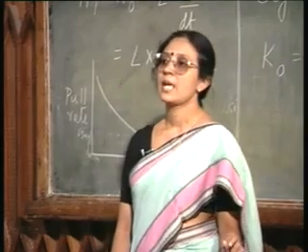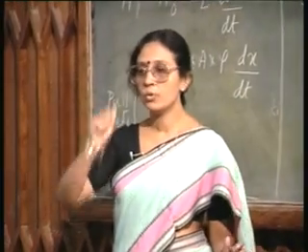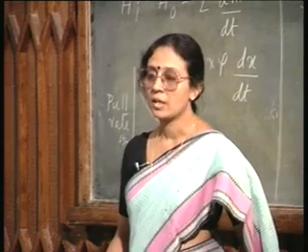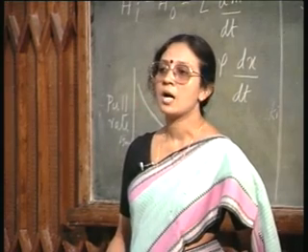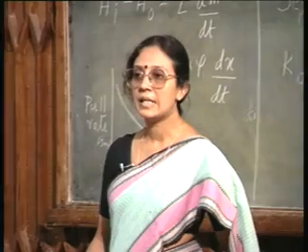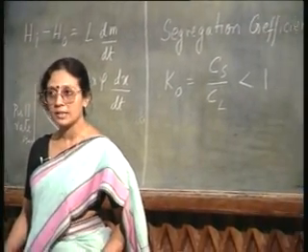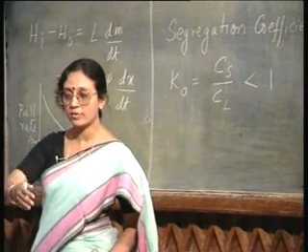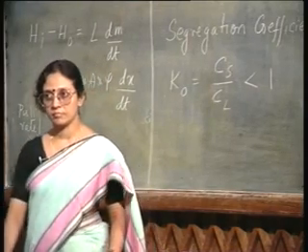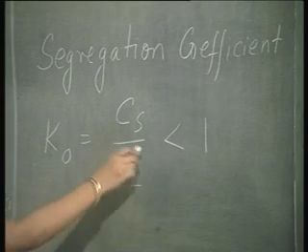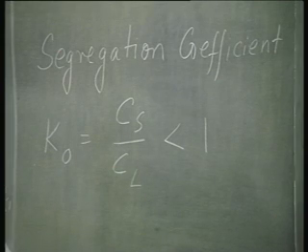That means, as you grow the crystal, these impurities are preferentially left inside the melt. They do not come into the solid, they are rejected by the solid, they prefer to be in the melt. That is because CS by Cl is less than 1, right. That means, as you are drawing the crystal, the melt is becoming progressively richer in the impurity.